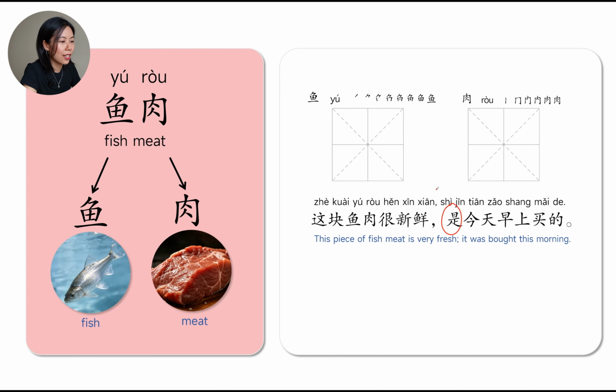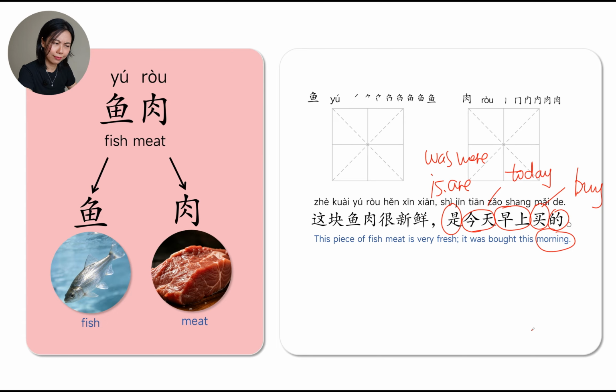The 是 can be is, are, was, were, etc. 今天 today, 今天早上 this morning.